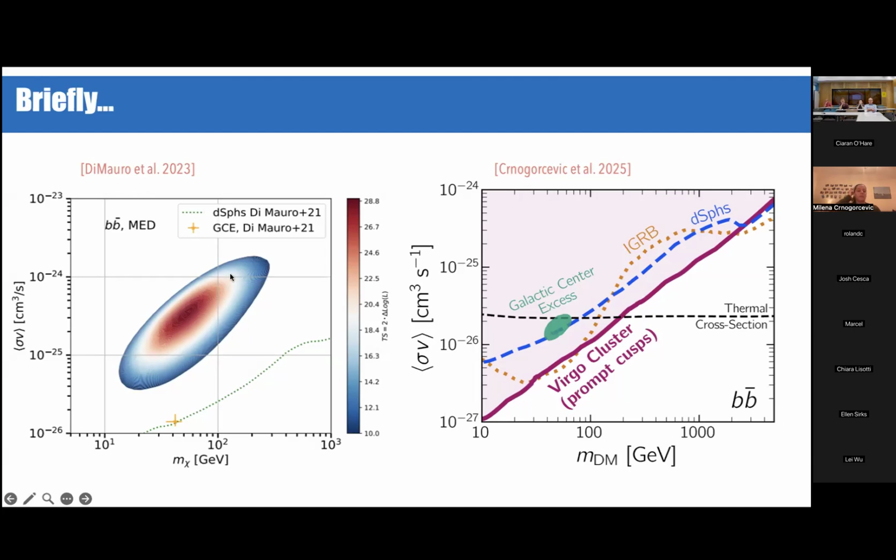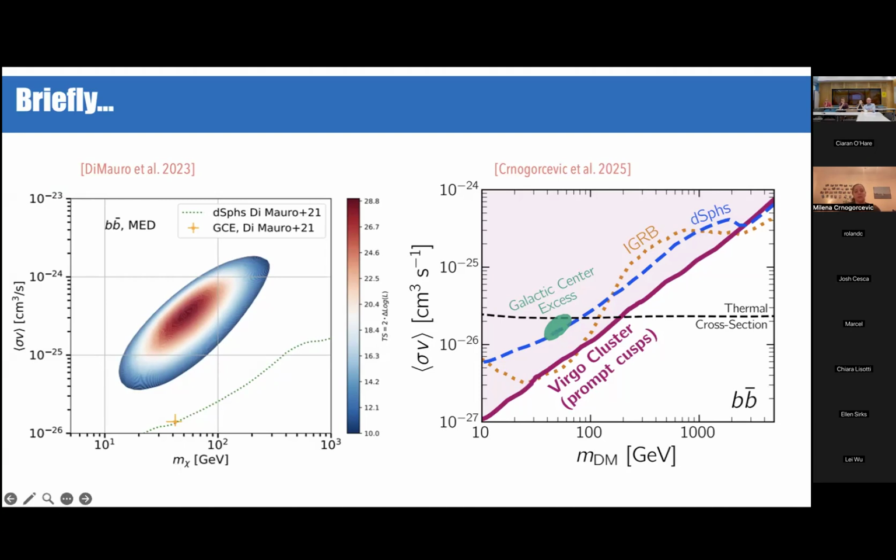Interestingly, these masses and cross sections have already been excluded by dwarf spheroidal galaxies, and also are not corresponding to the galactic center excess.